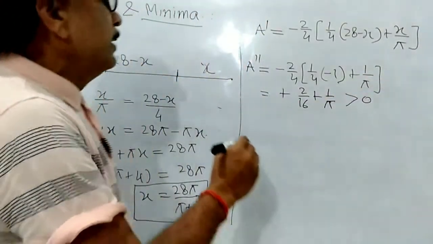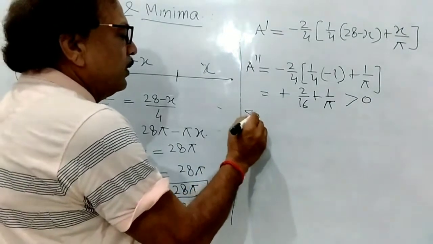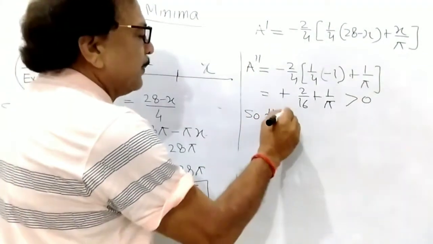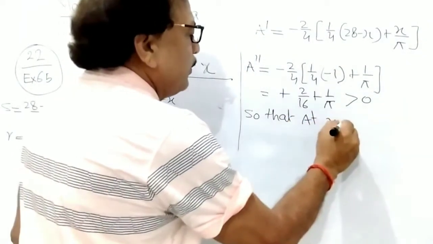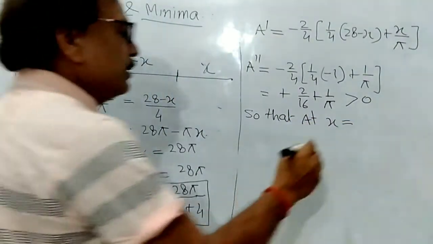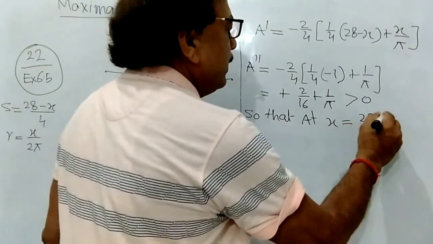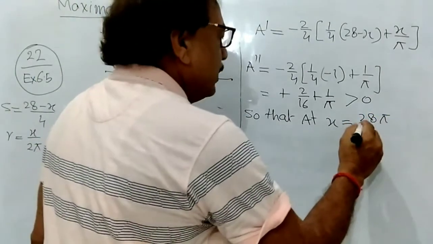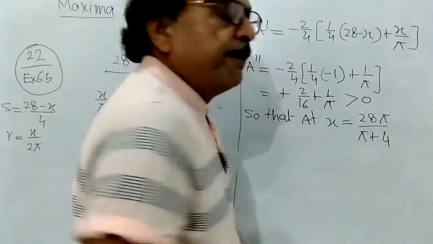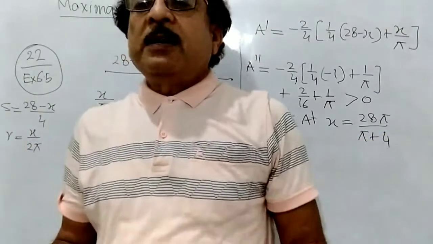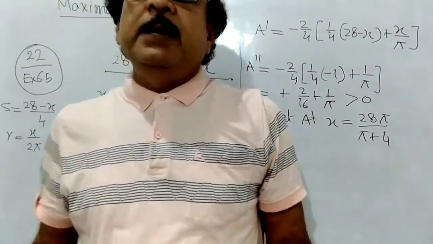So we show that at x equal to 28π upon π plus 4, the combined area will be minimum.